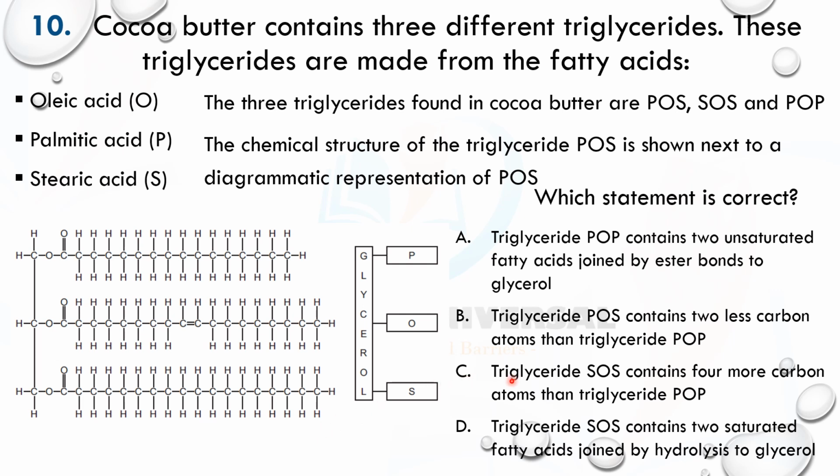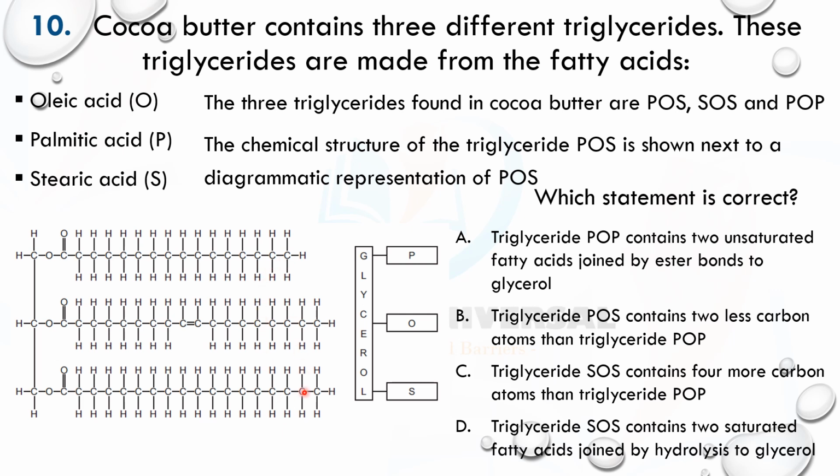If you go to C, triglyceride SOS contains 4 more carbon atoms than triglyceride POP. Yes, SOS means S is going to be here, which is 18. So if this is S, that means 18, 18, 18. But if you're doing POP, POP will be 16, 18, 16.